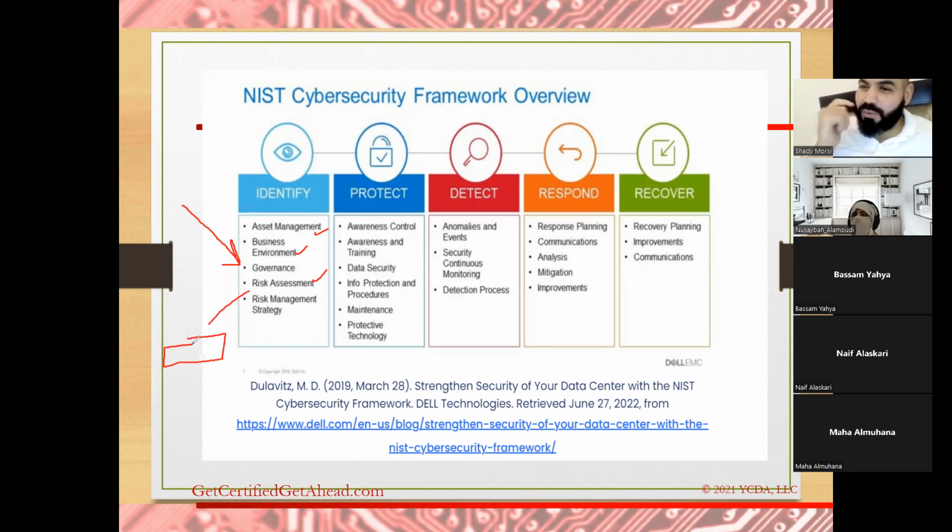Why are we in this stage? Because again, remember the guy called Sun Tzu? He said, in order to win a war, you need to understand yourself. Exactly. In order to understand yourself, you need to understand your weaknesses. What will help you understand your weaknesses is identifying them using a security scanner.